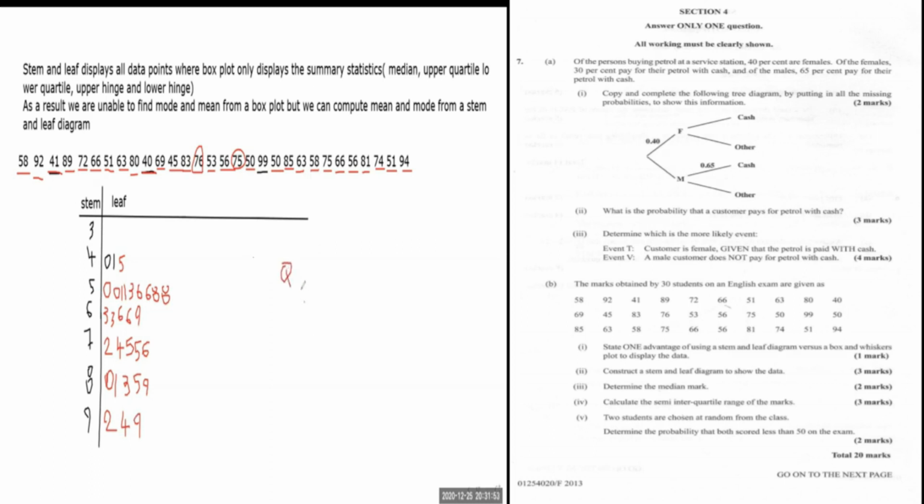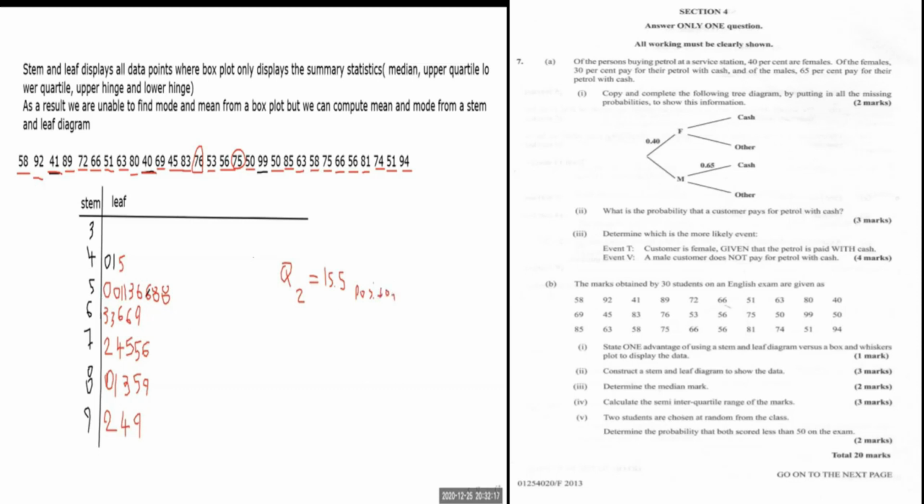So the median mark Q2, the median occurs midway at the 15.5 position. That's the median, 15.5 position. All right, so 15.5 position is going to be in between.